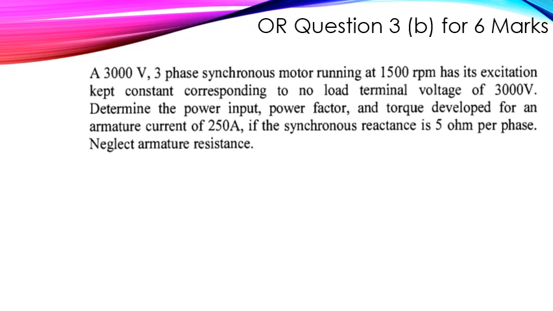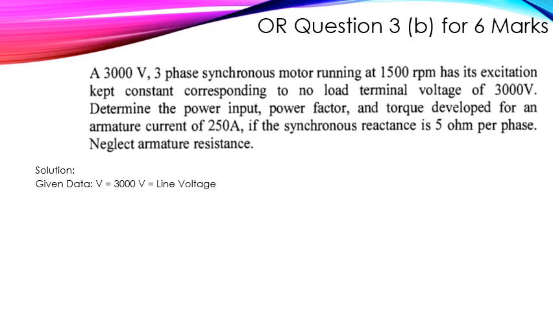Determine the power input, power factor and torque developed for an armature current of 250 ampere if the synchronous reactance is 5 ohm per phase, right? Then we have to determine what power input, power factor and torque developed, and we have to neglect here armature resistance.